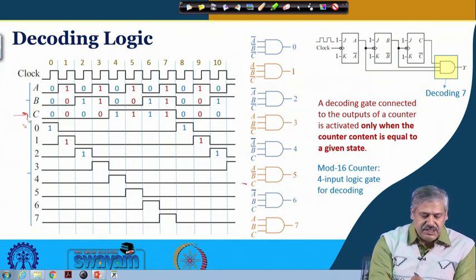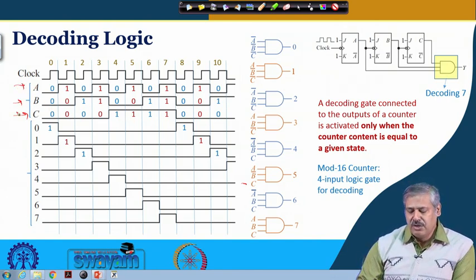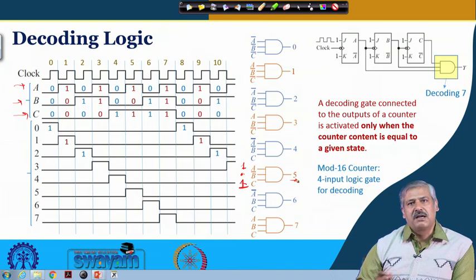C is changing with a frequency which is less than that of A and that of B. So, when C is 1, B is 0 and A is 1, that indicates that a count of 5 has taken place, that means 5 clock edges have come starting from 0.